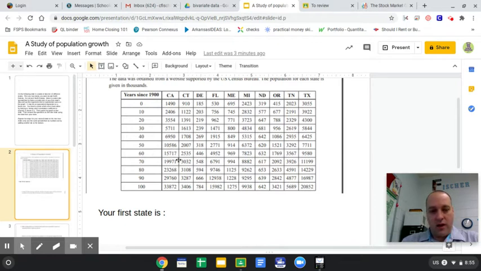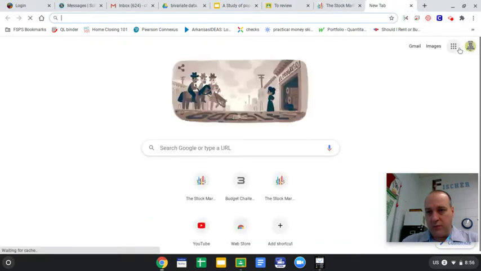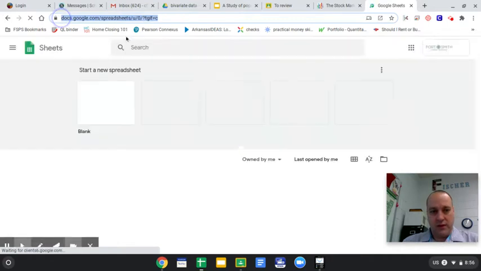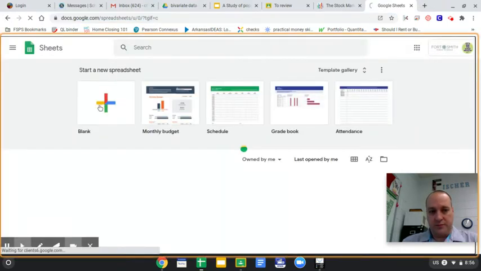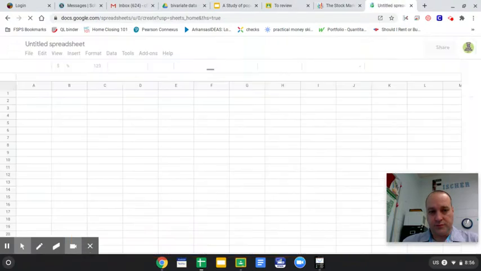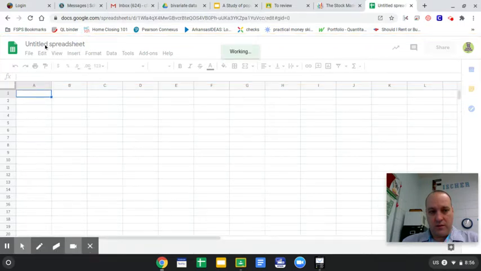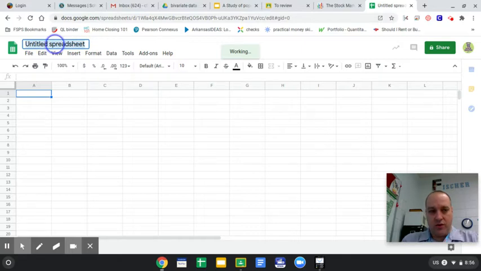Okay, so first thing you need to do is open another tab, make a spreadsheet, make it blank, and then I would name this study of population growth, which I'm probably just going to add one to the assignment so you won't have to add the spreadsheet and name it.